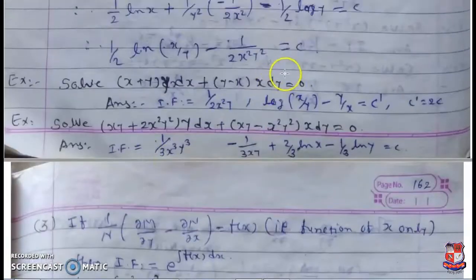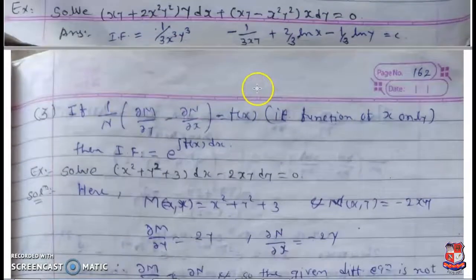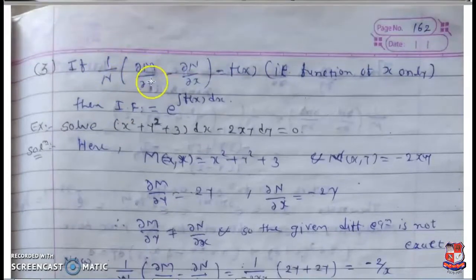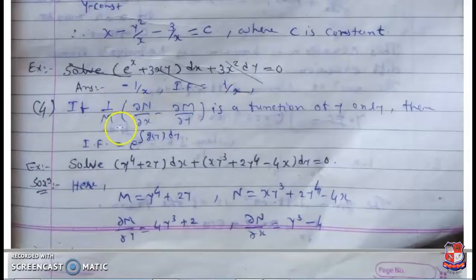Now if these first and second parts are not possible, then we directly check whether (1/N)(∂M/∂y minus ∂N/∂x) is equal to f(x), or (1/M)(∂N/∂x minus ∂M/∂y) is equal to g(y).